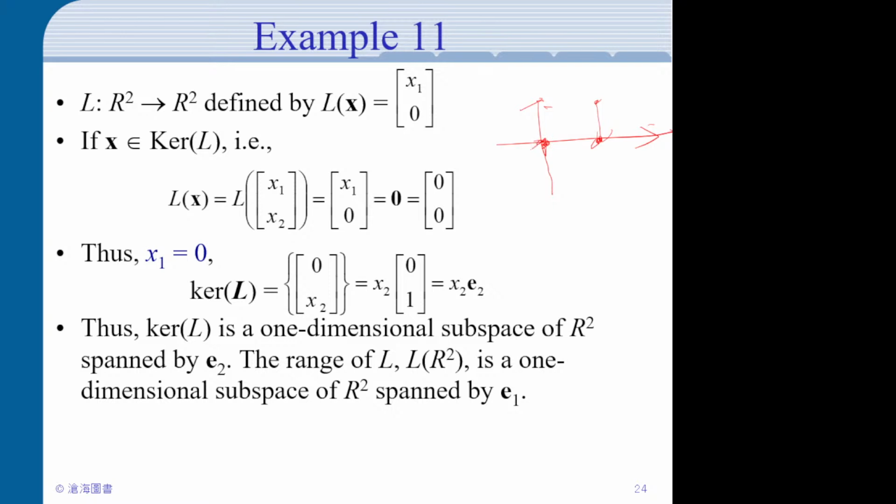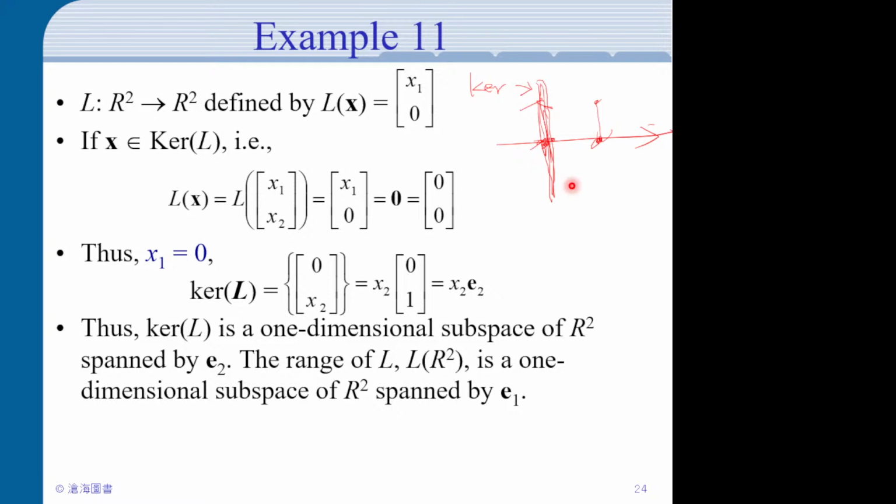So the kernel will be the y-axis here. So this is the kernel of L, because everything on the y-axis, when you project onto the x-axis, will become 0. So the kernel is this whole line.